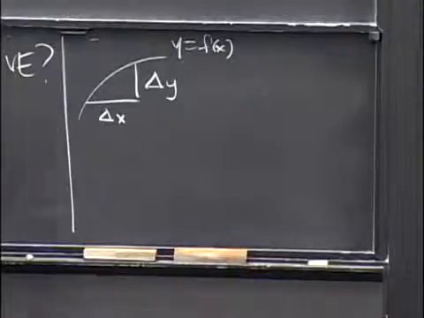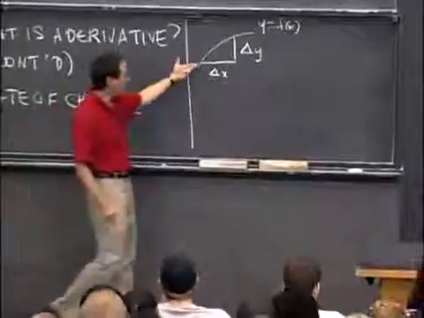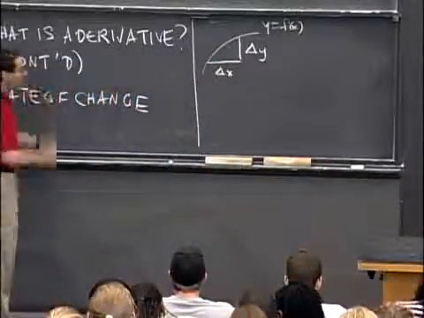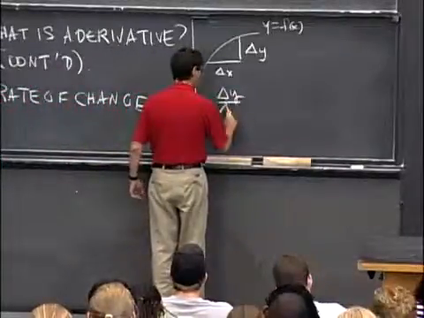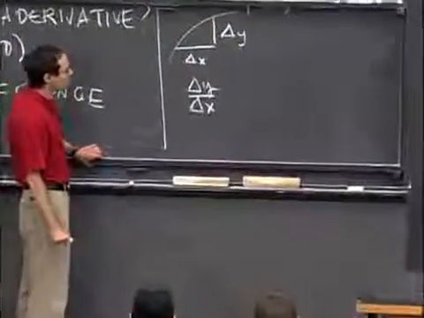And then, from this new point of view, it's the relative rate of change we're interested in, and that's delta y over delta x.